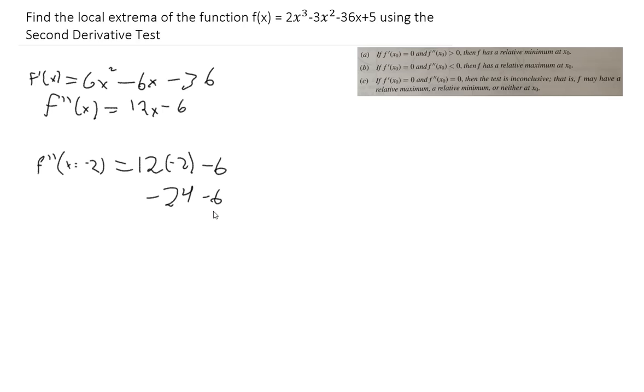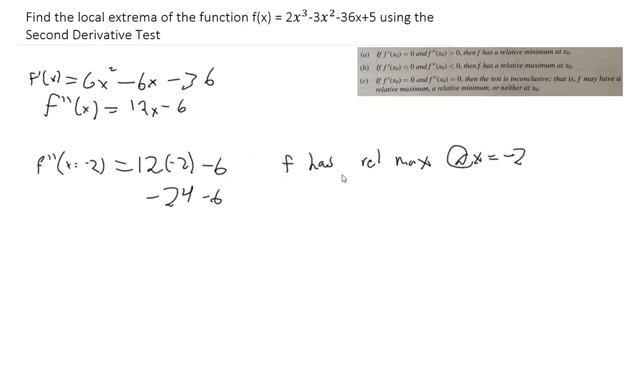It's a negative number, which means that, so what happens when f double prime is negative? It means it's a relative max. So that means f has a relative max at x equals -2 by the second derivative test.